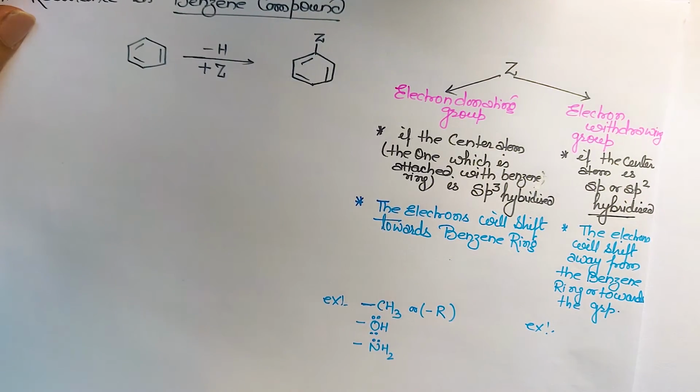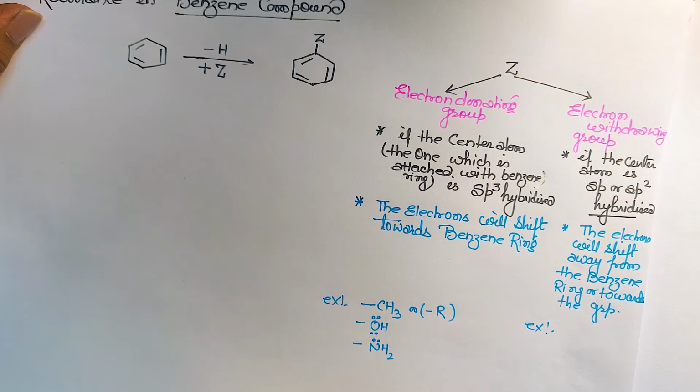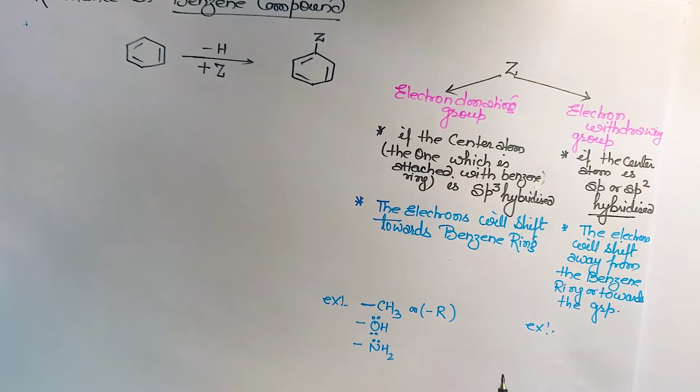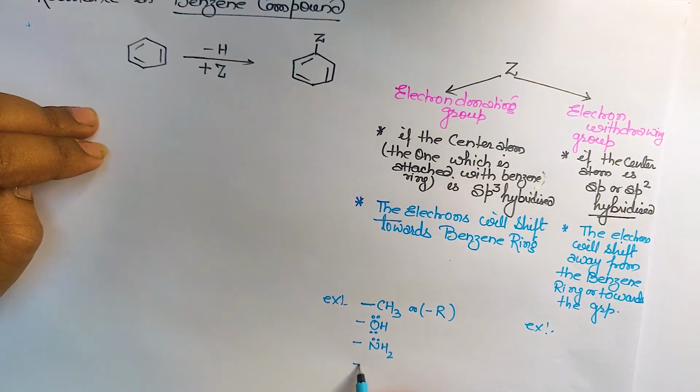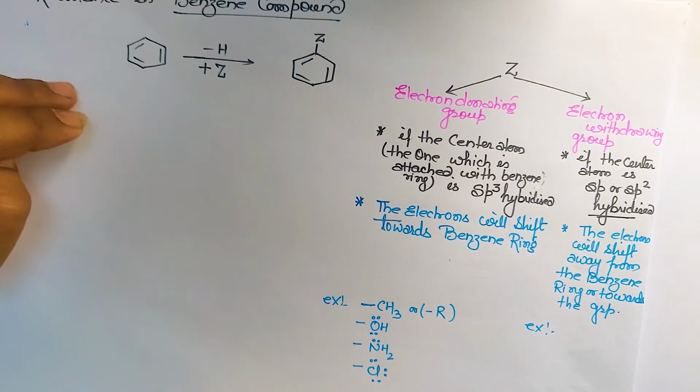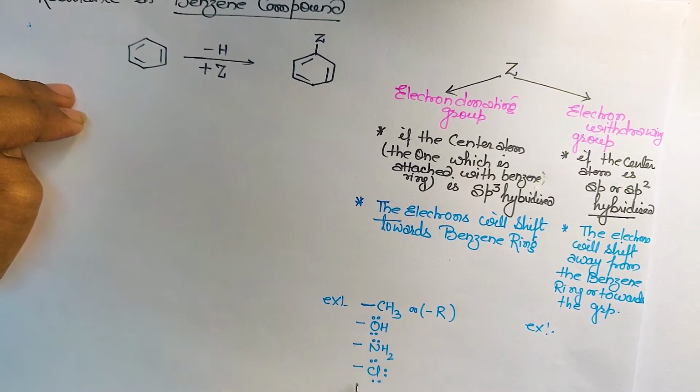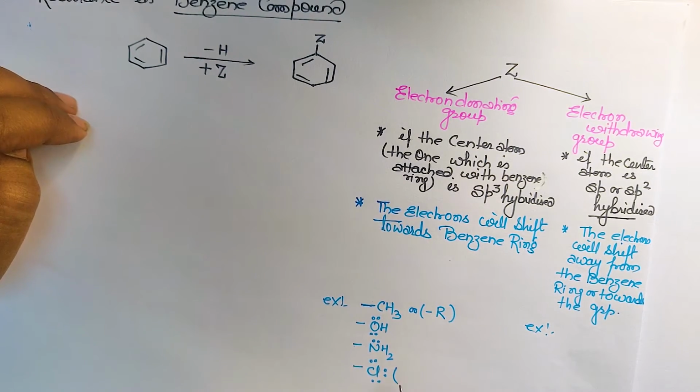Tell me whether it is sp3 or what? 1 bond, 2 bonds with hydrogen, 3, and 1 lone pair, 4. Clear? Any problem? Like Cl, check. Cl has 4, sp3 hybridized or not? 1 bond, 2, 3, 4. Yes or no?